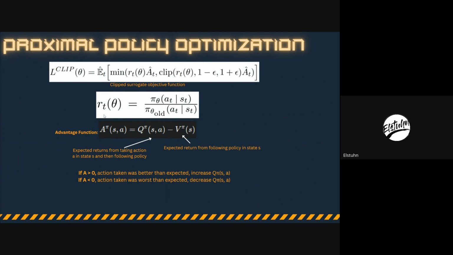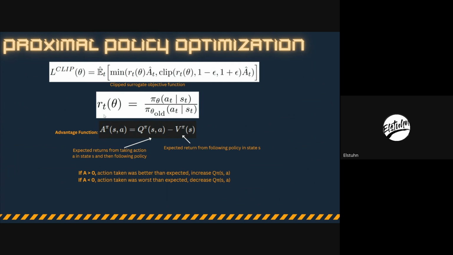So that is the expected cumulative reward from taking a certain action in state S, and then just continuing using the policy or strategy. And then you subtract that with the expected return, basically your estimate of the cumulative reward you would get from just being in state S itself.